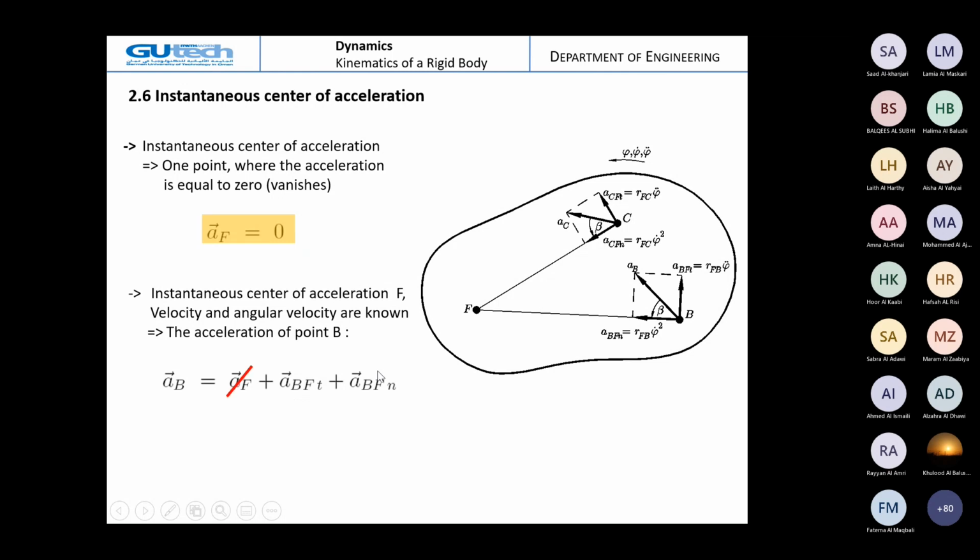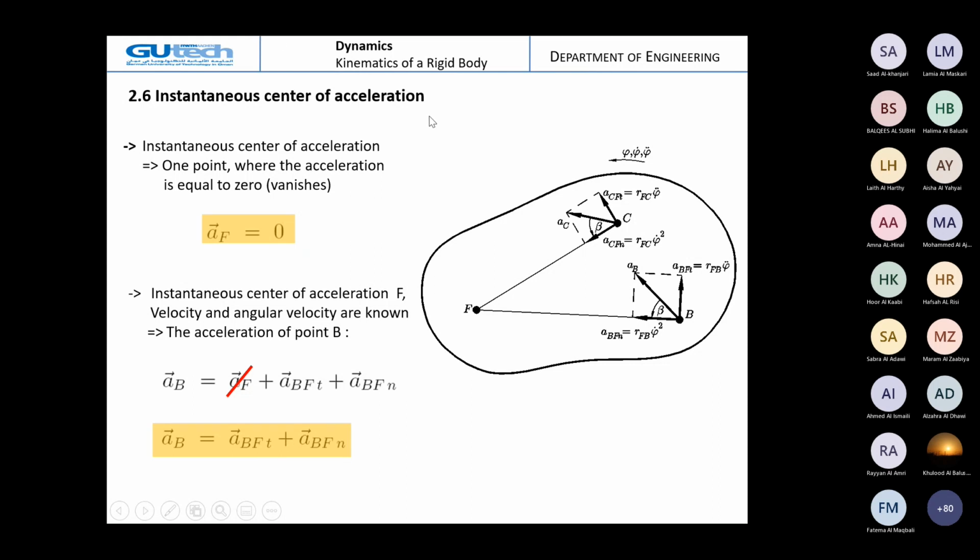In this case, we have AF as the instantaneous center of acceleration, and the value is equal to 0. Then it means AB can be determined by only the tangential part and the normal part. The same principle we use for the point AC: ACF tangential plus ACF normal.